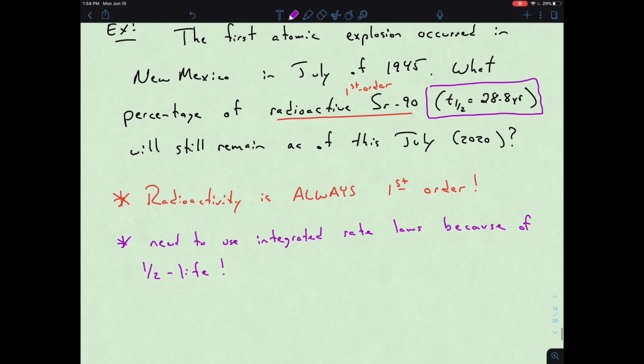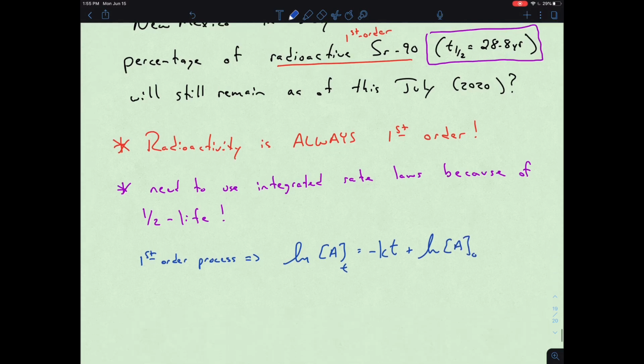So if we put that together, that means we have a first order process, meaning that we would have the natural log of our concentration of A at some time point is equal to negative kt plus the natural log of A initial. And we also know our half-life is equal to 0.693 over K.